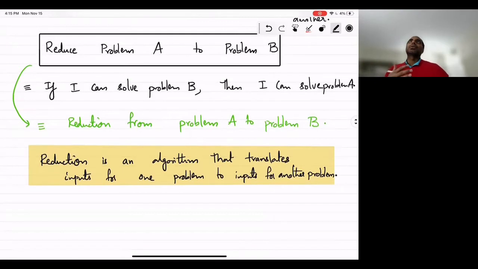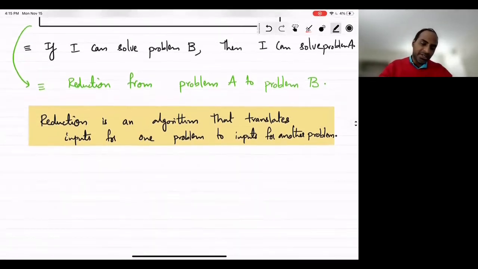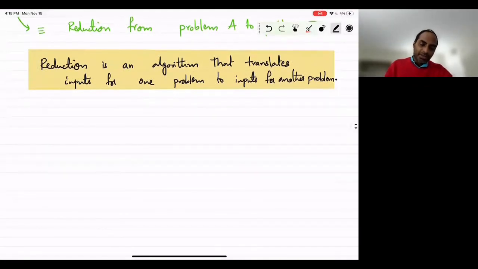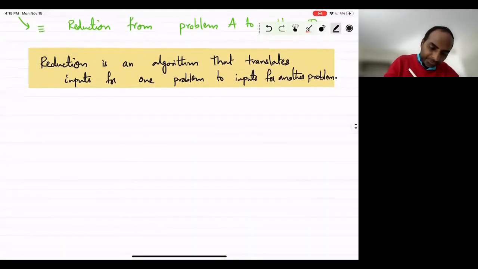Okay, so we'll talk about what this means precisely in a few minutes, and then I'll give you specific examples to illustrate their power.